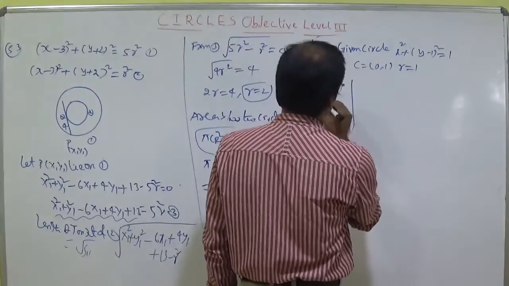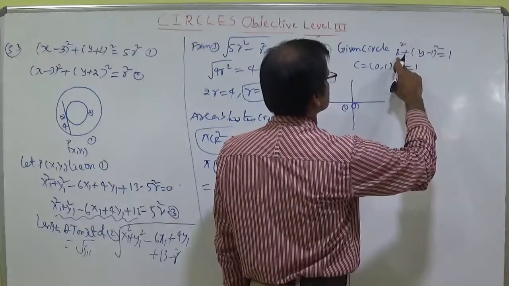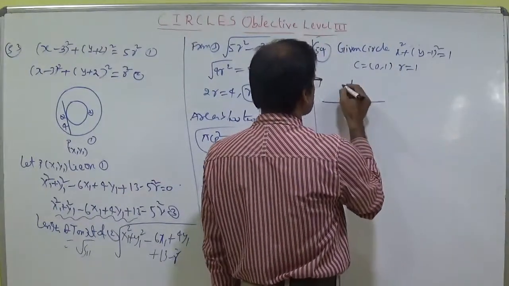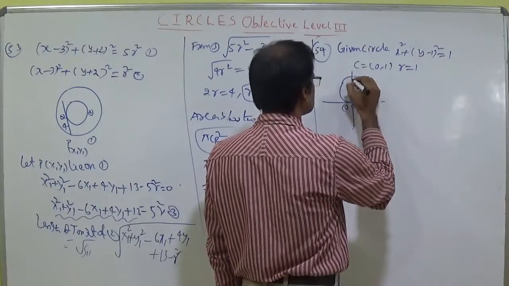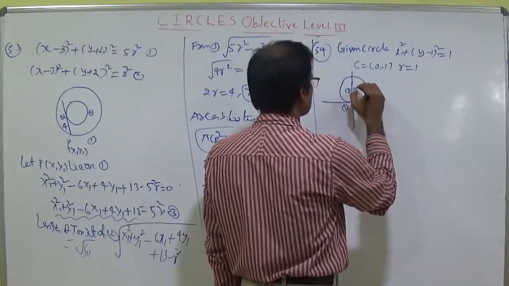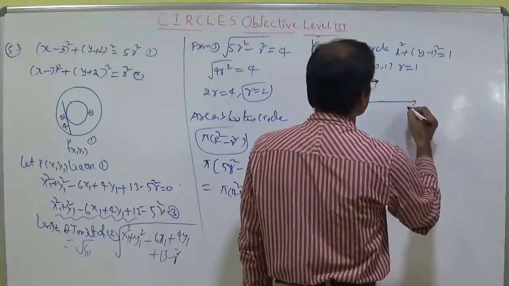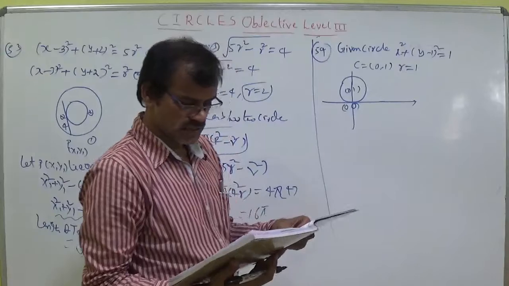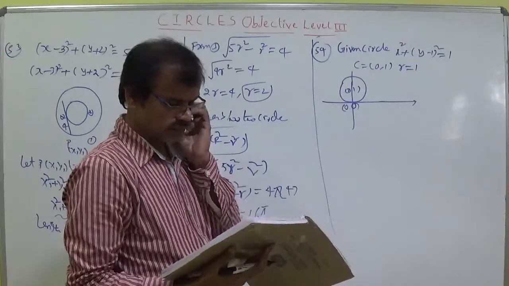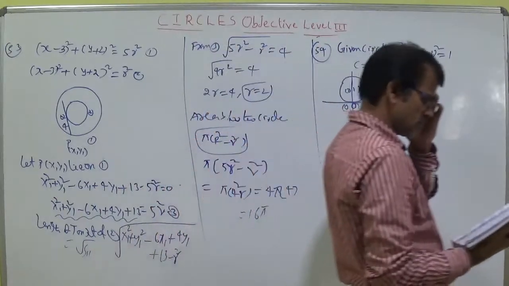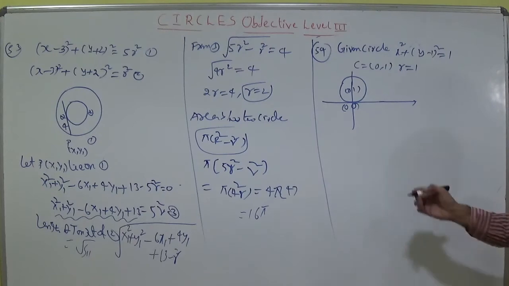Let us draw the coordinate axes. Put here (0, 0). It is 1, so the circle having the center (0, 1) is on the y-axis. So (0, 1), and the circle also touches the x-axis, and another circle also touches the x-axis.